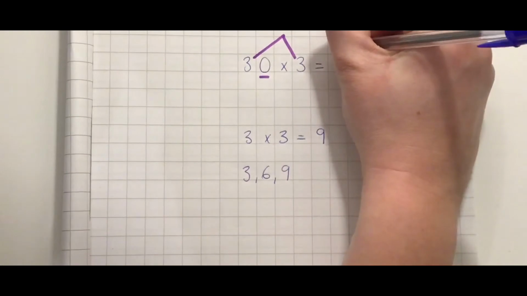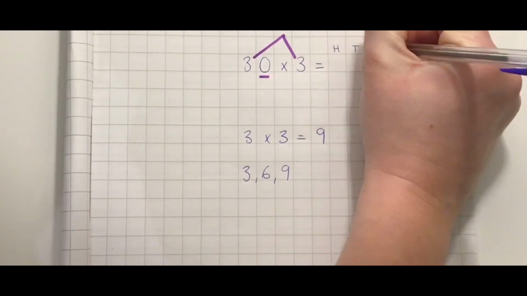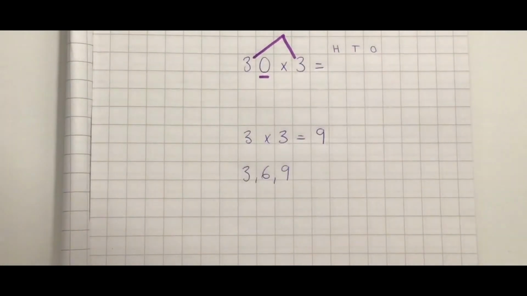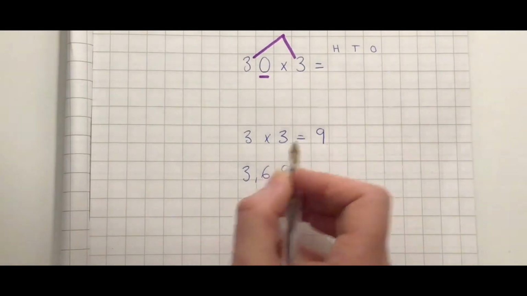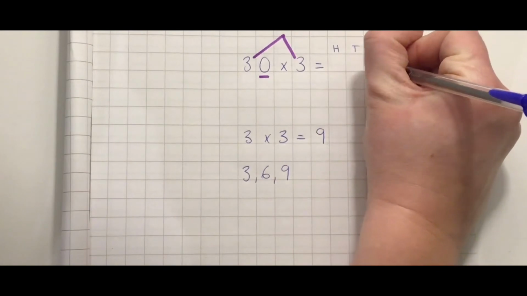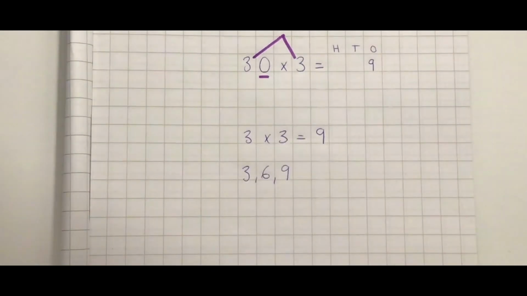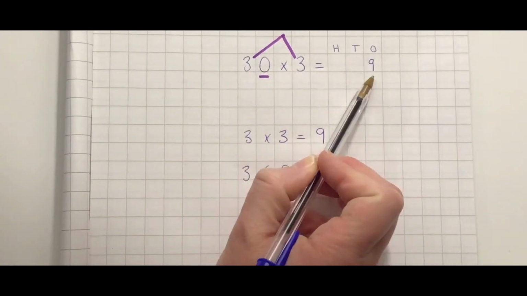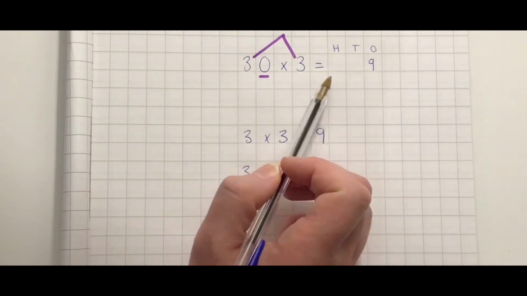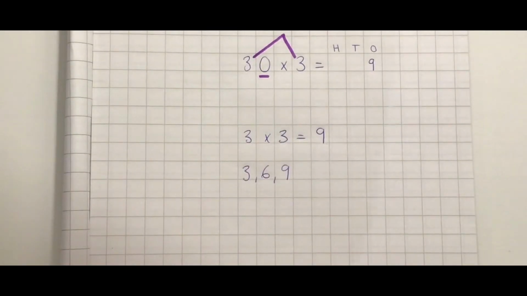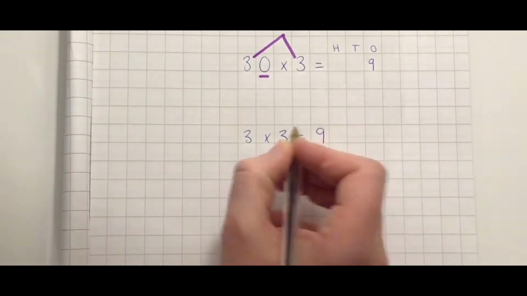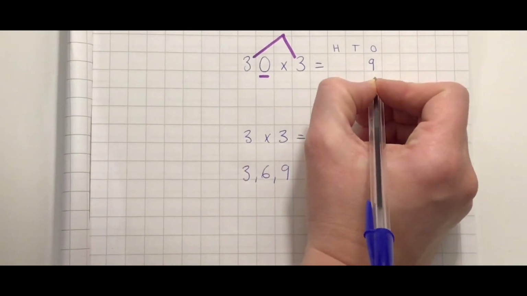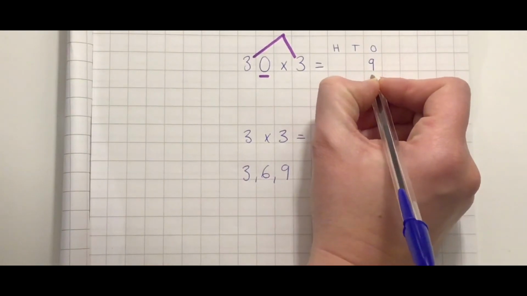So I'm going to put in my place values, okay, just to show you what we need to do for the next step. So 3 times 3 is 9, so I can put my 9 into the ones place value. Now in order to add this 0 back to our answer as a placeholder, there's something that we need to do first, and that involves moving each digit that we found in the answer one place to the left.